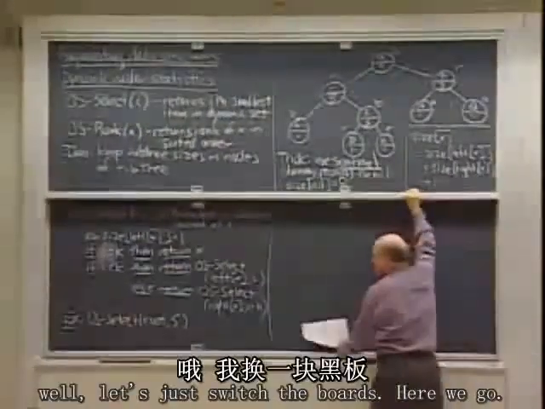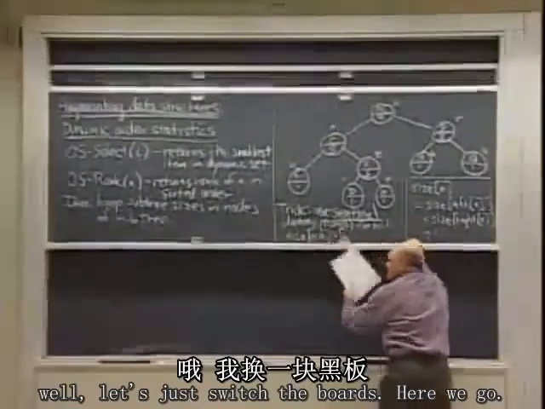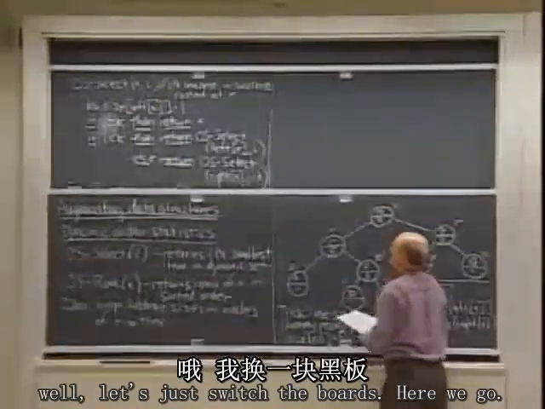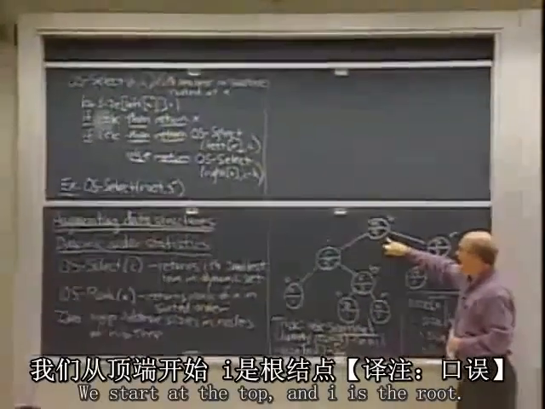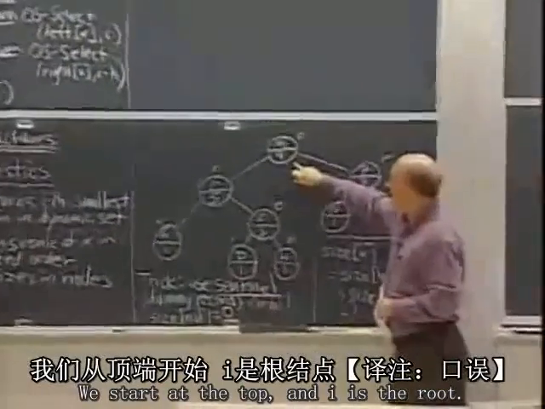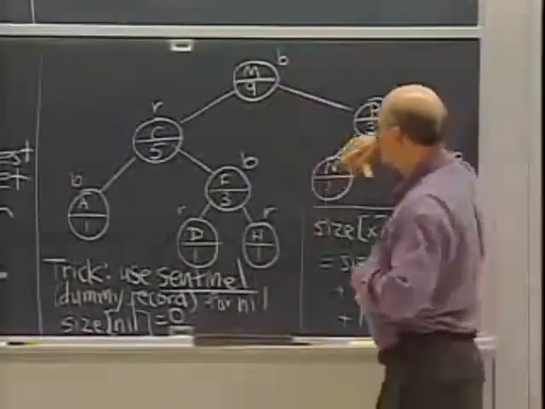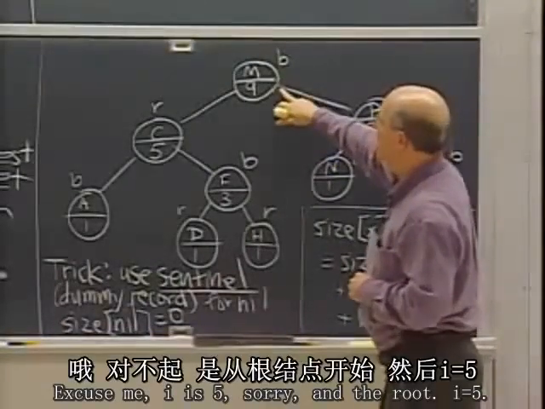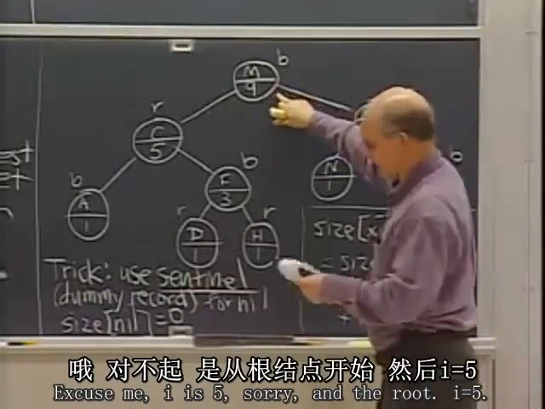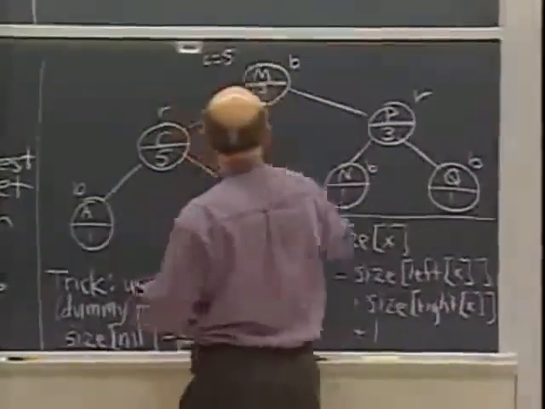Let's just switch the boards. Here we go. Okay, so we start out at the top, and i is 5, and the node is the root. So we want to find the fifth largest.